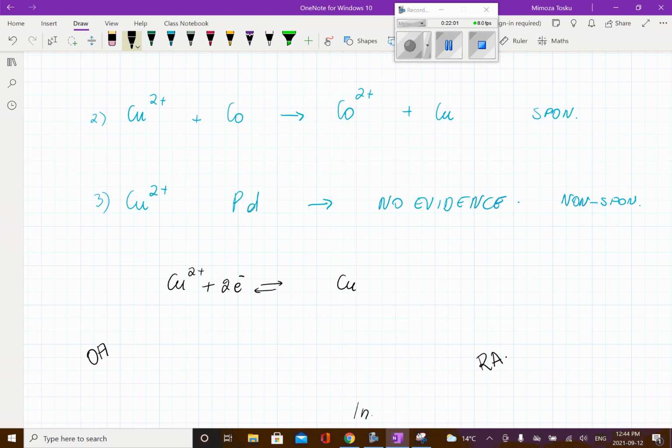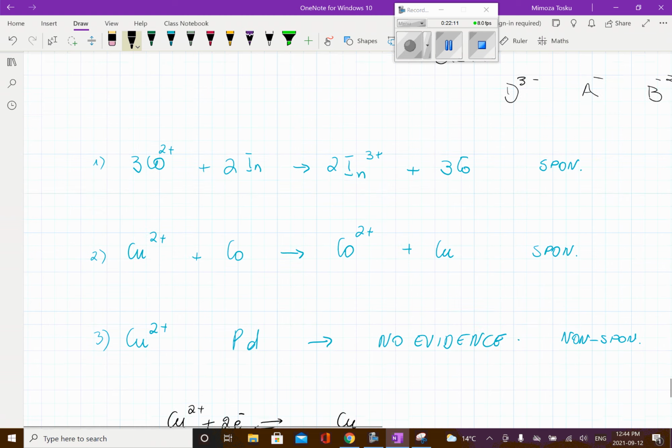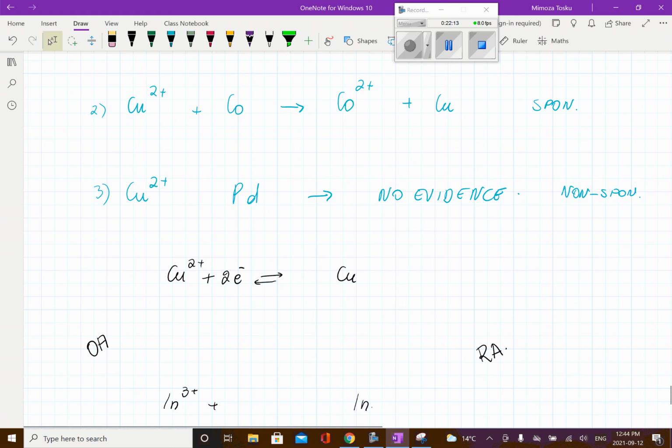Okay, and then if we take a look at the iron, we will have iron 3 plus, because this is what we have in the reaction, and if it is a multivalent one, then 3 electrons, so we'll have this reaction here.